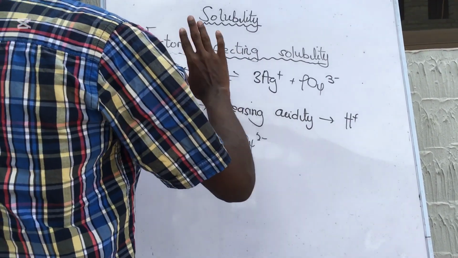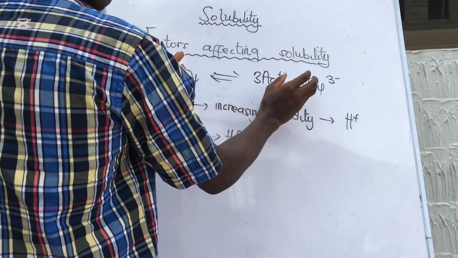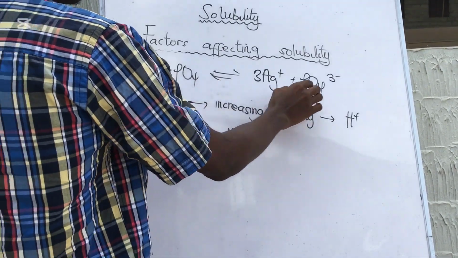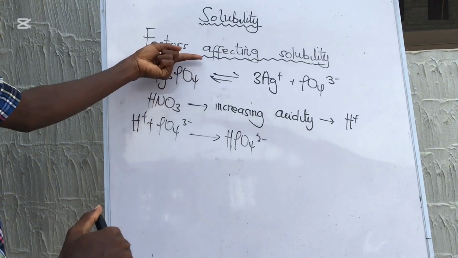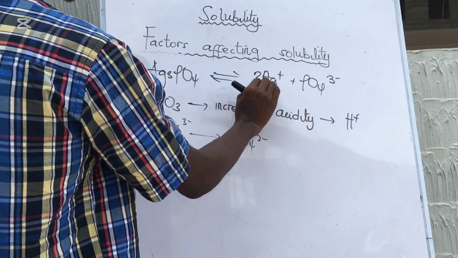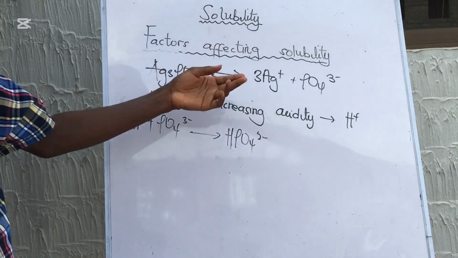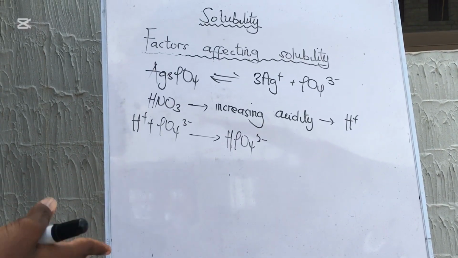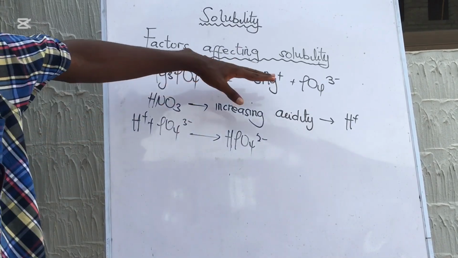And if equilibrium is being disturbed, the system will adjust itself to produce more of this. For more of the PO4 3 minus to be produced, this salt must dissolve more to produce the 3 Ag plus and also the PO4 3 minus. And in the process of dissolving more, its solubility is increasing, because we're talking about solubility. Solubility is the maximum amount of solute or substance that should dissolve in the solvent.